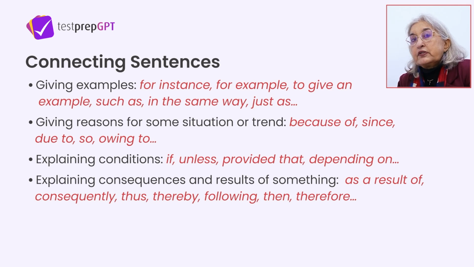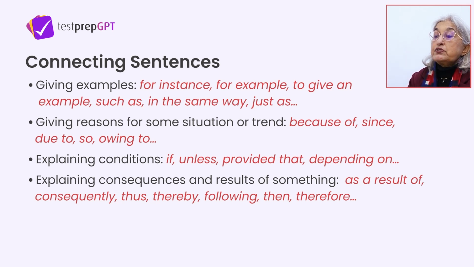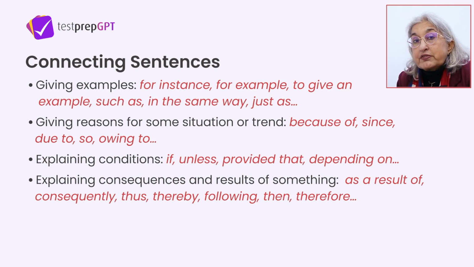So the thing which happened first becomes the cause, and what happens later becomes the effect of that, the result of that. All right? So it's very important to understand this, because when you're discussing a topic, you're asked to give the consequences of something or the results of something, or when you discuss or explain some phenomenon that is taking place, then you have to show how it began, then what it resulted in, what came further after that. That is where you will use this kind of language.